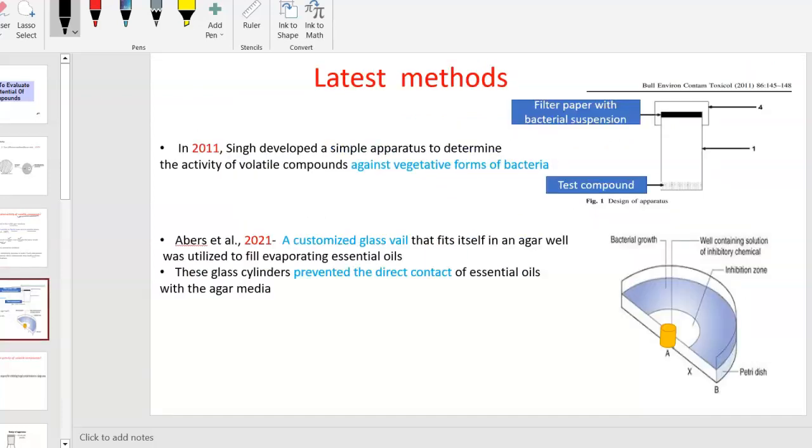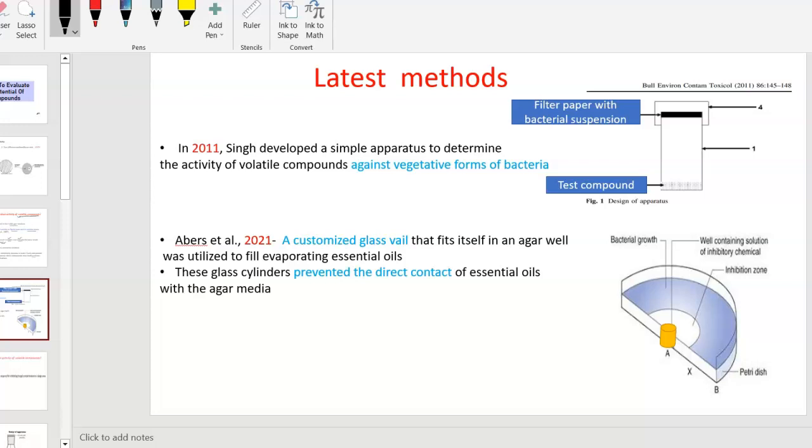With this motto, there were a few latest methods which I found in the literature. One method was proposed in 2011 by Singh, who was the author of that particular paper. They developed an apparatus and a simple arrangement where they can evaluate the activity of volatile compounds only against vegetative forms of bacteria.